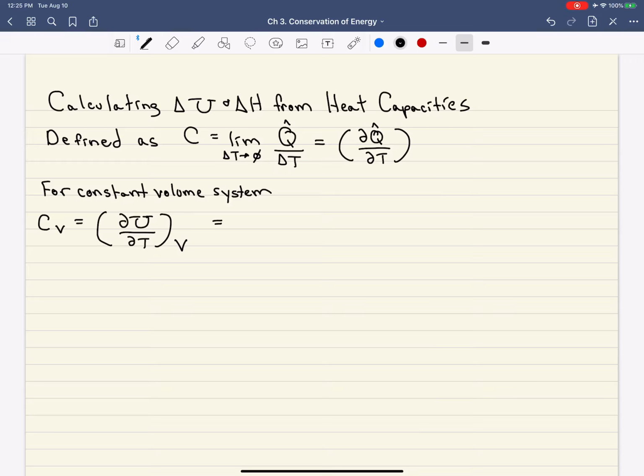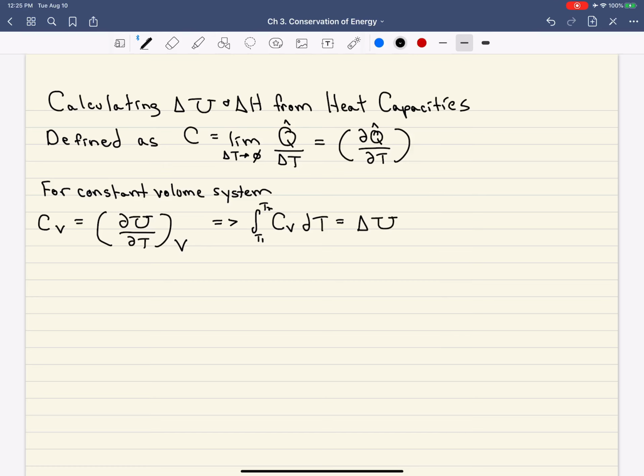And if we took the heat capacity, CV, and we integrated it from some temperature 1 to some temperature 2, what we would end up with is a specific internal energy.